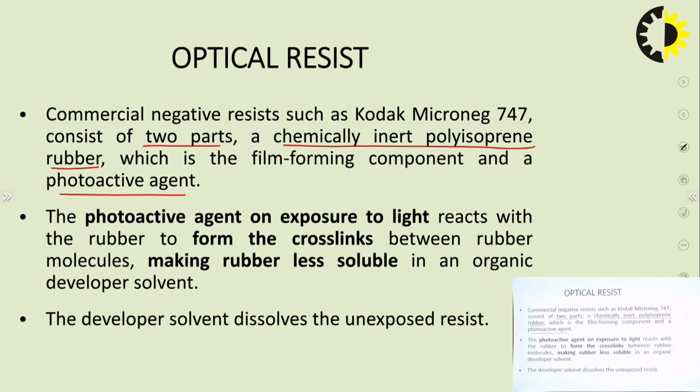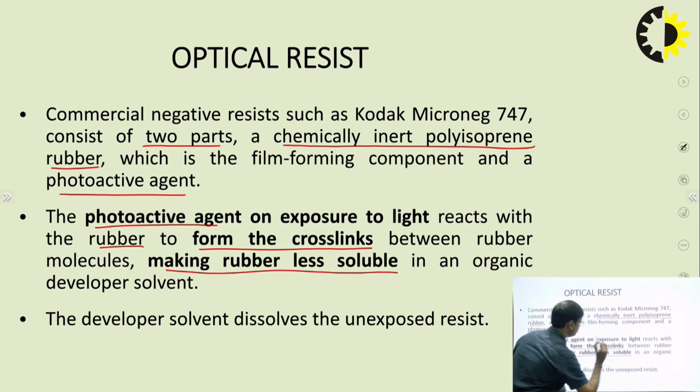Now, what happens when this negative photoresist is exposed to radiation, exposed to light? Then the rubber and the photoactive agent form the crosslinks, making rubber less soluble in an organic developer solvent.